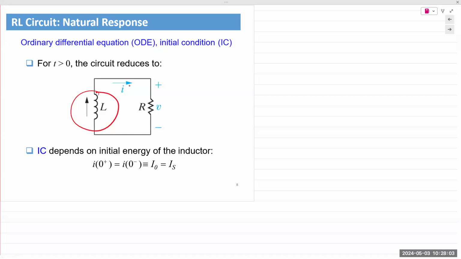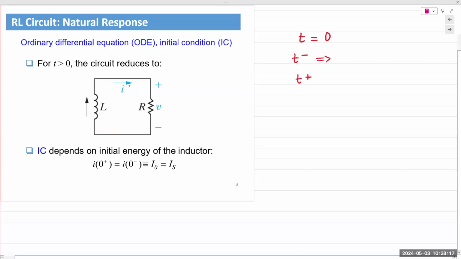This here is an important point. We refer to the beginning of analysis as time t equal to 0. Then there is the concept of t minus and t plus. This simply indicates the time right before. So minus is in the past, so it's right before.